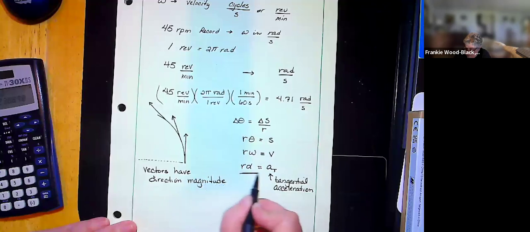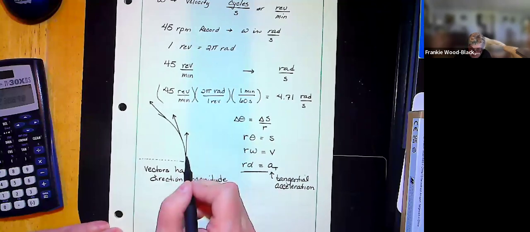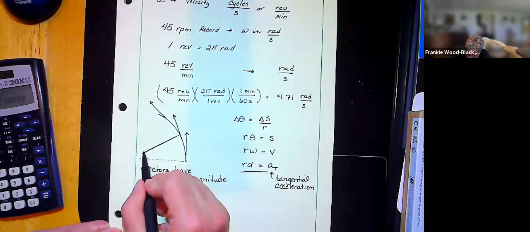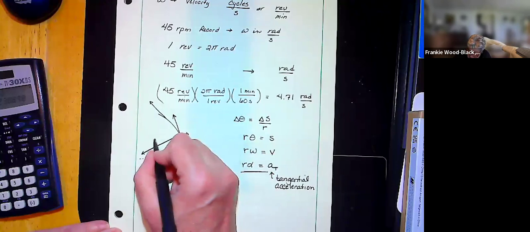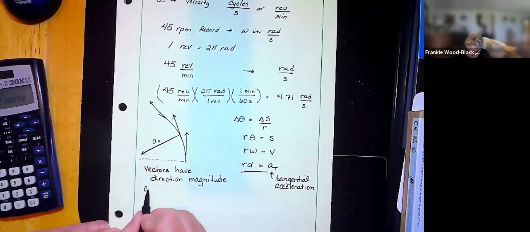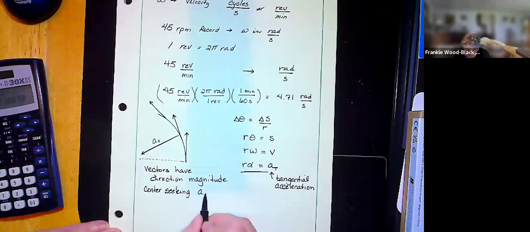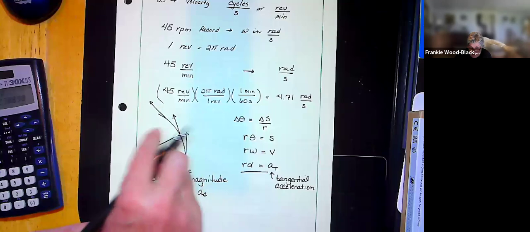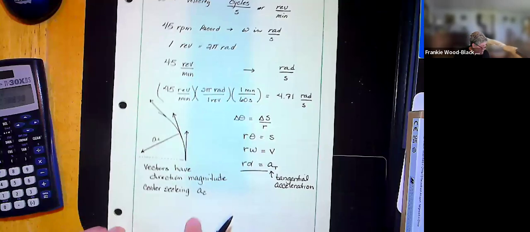So we're going to end up with an acceleration component that's tangential to our curve, and we're going to end up with an acceleration that we call our centripetal acceleration, which is our center-seeking acceleration. And that's our centripetal acceleration that's causing us to pull into the circle.